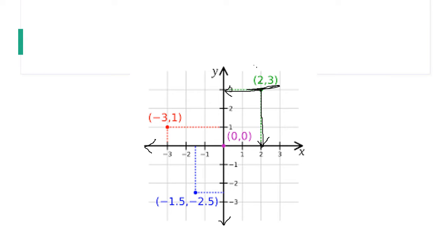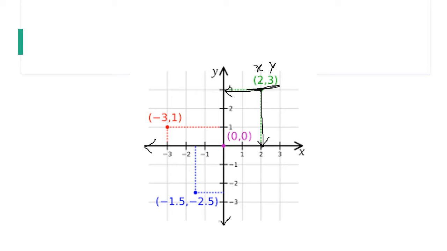So the first coordinate, or the first number which you get in this, is always the x coordinate. It represents its value on the x-axis, whereas the next number always represents its place on the y-axis.